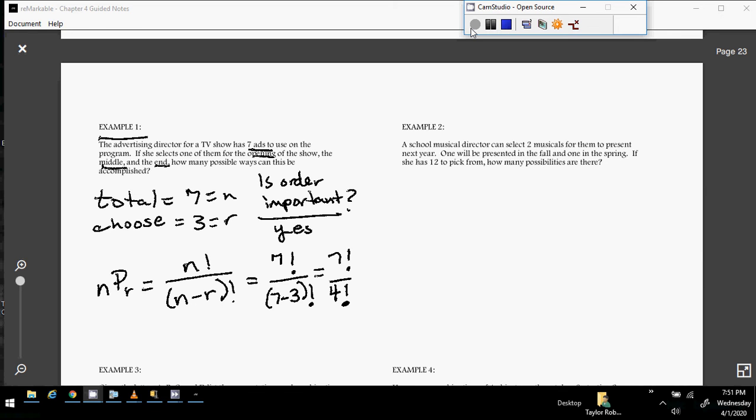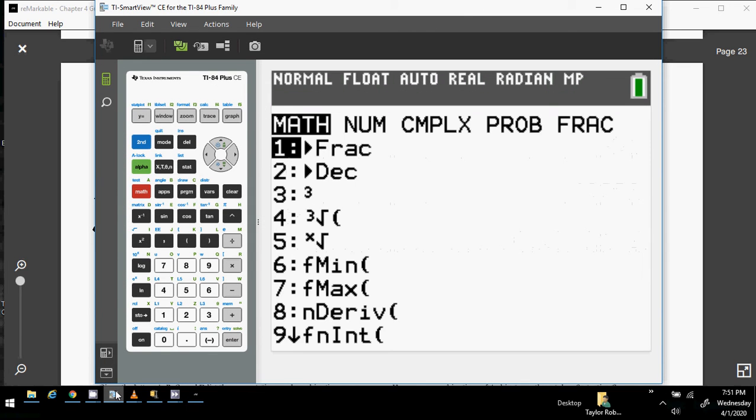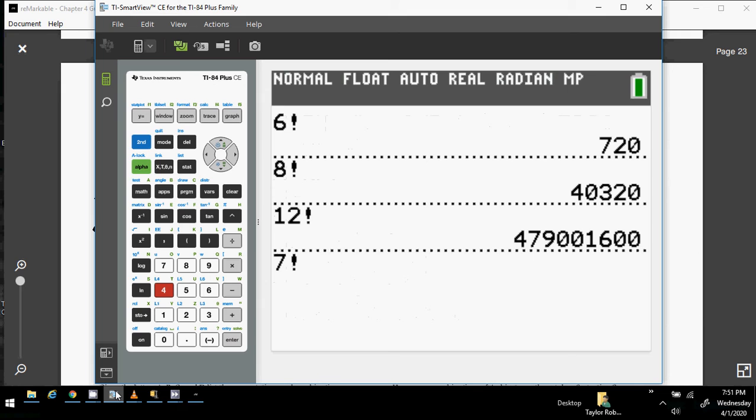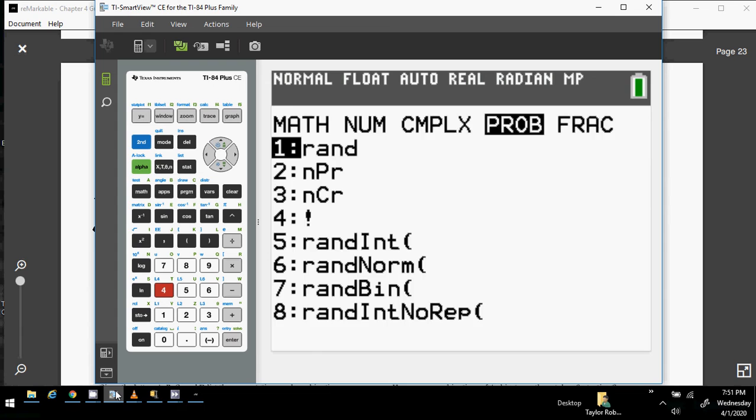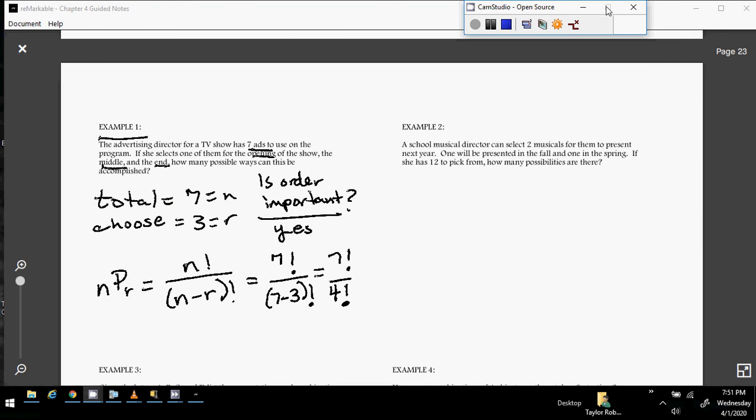Now, I just showed you how to do this on your calculator, so you could pull up your calculator and do 7, math, left, 4, and then we would divide 4, math, left, 4, and it still is kind of tedious, but you can get there. It is 210.